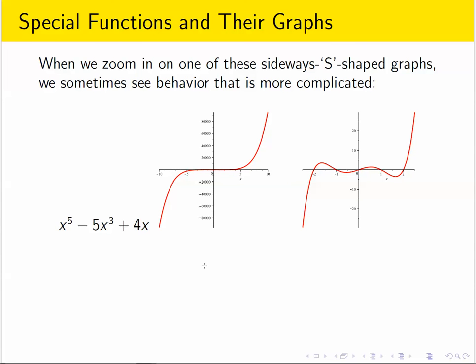Now, again, when you zoom in, you might see more subtle behavior. So these are both graphs of the same function, x to the 5th minus 5x cubed plus 4x. And again, we're zooming in to get the graph on the right. You can see that the scale is much closer. We're only going up to about 30, not 10,000 on the y-axis.